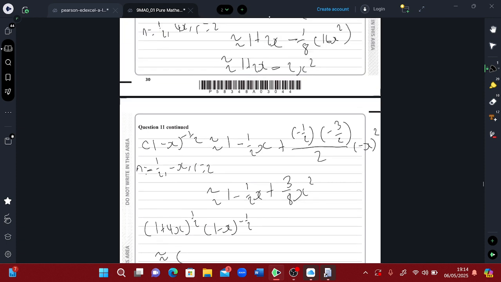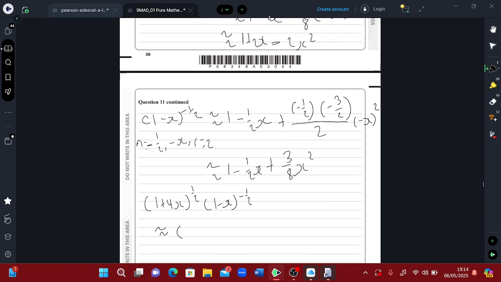We can substitute both approximations in. So use this one, so 1 plus 2x minus 2x squared, 1 minus a half x plus 3 over 8x squared. And actually, now you can see what you're doing.